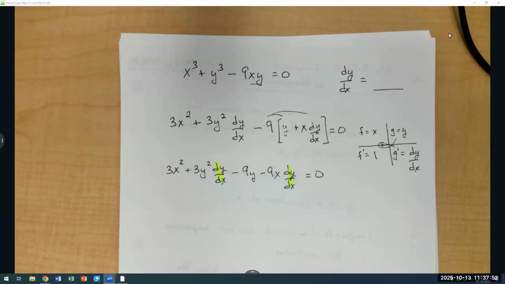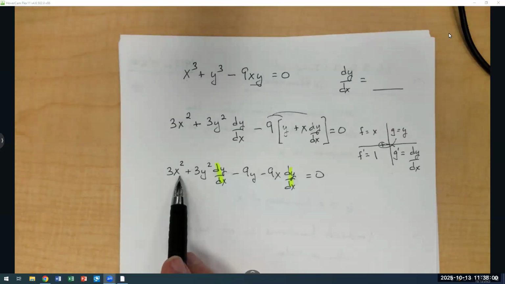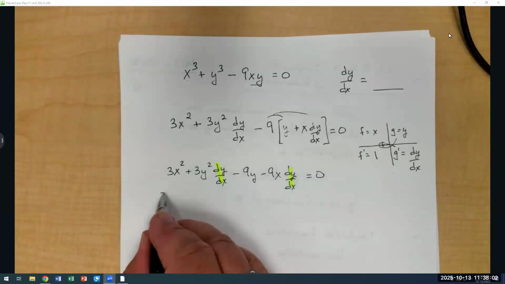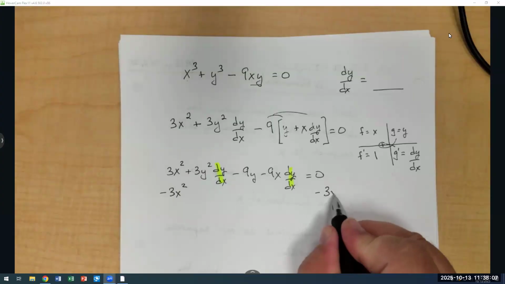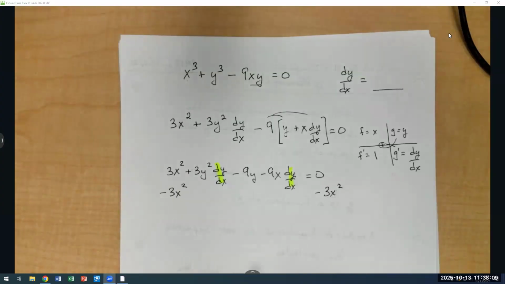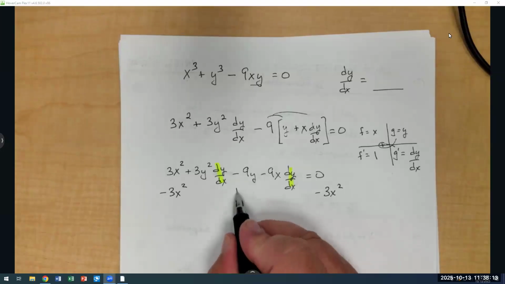Are there any of those terms that don't have a dy dx on them? 3x squared, that doesn't have a dy dx. So we move that over. The 9y, that doesn't have a dy dx after it. So we get rid of that.